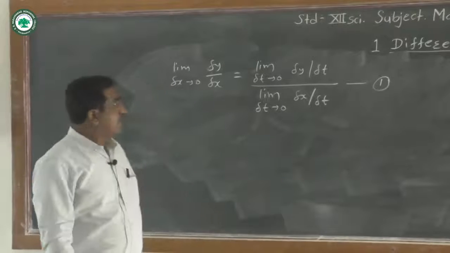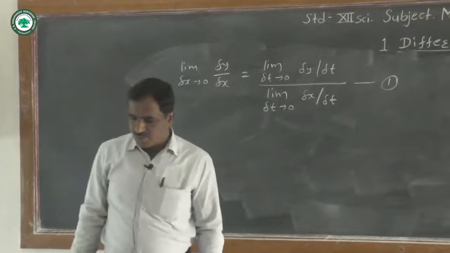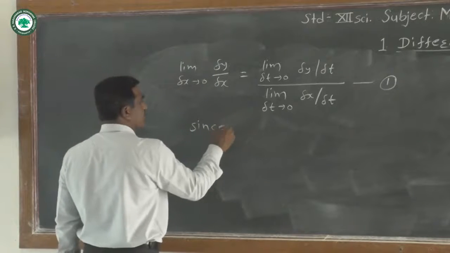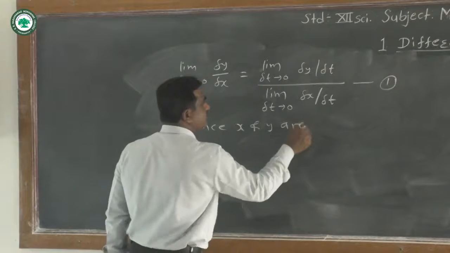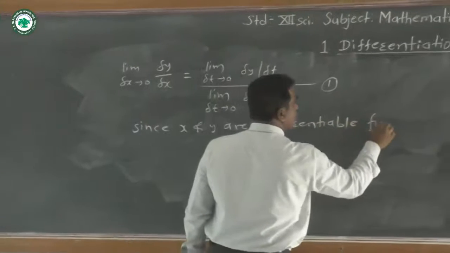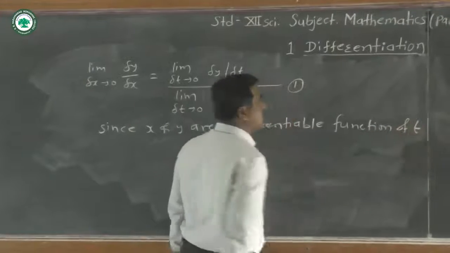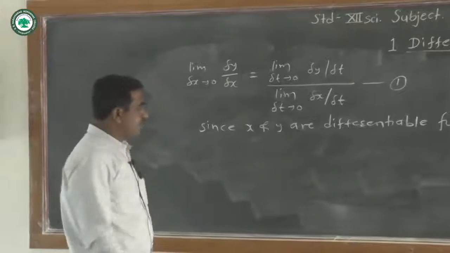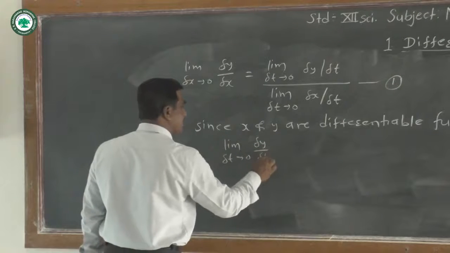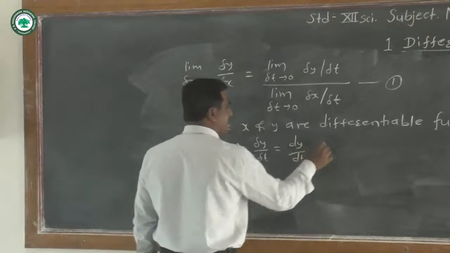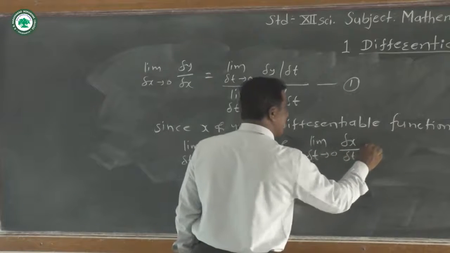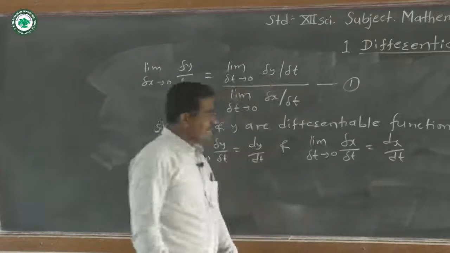Now given that y is a differentiable function of t and x is a differentiable function of t, using this condition we can write, since x and y are differentiable functions of t, therefore limit delta t tends to 0, delta y by delta t is equal to dy by dt, and limit delta t tends to 0, delta x by delta t is equal to dx by dt, and both limits are finite.